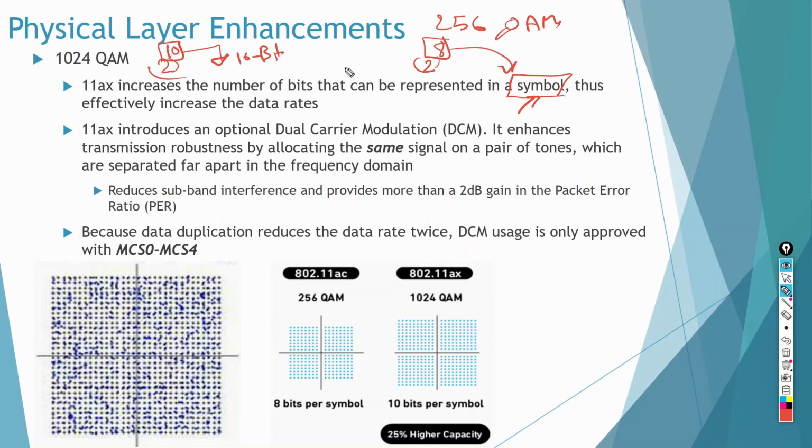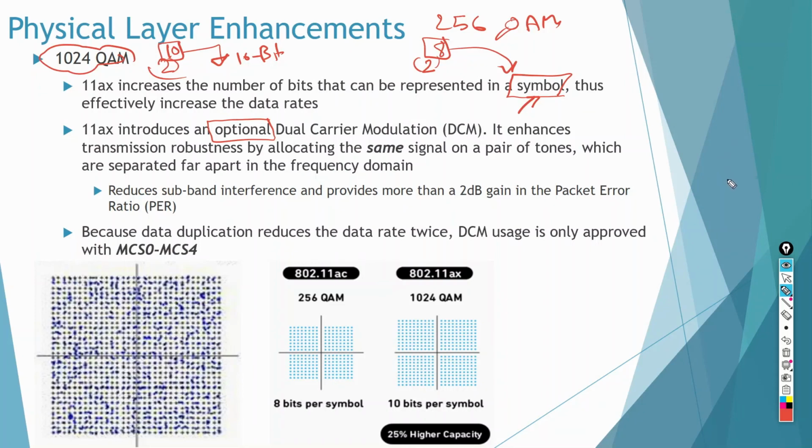Good. So the second enhancement is that 11AX introduced an optional modulation type. It's called dual carrier modulation, or DCM. This one is used to enhance the transmission robustness. How? Let me explain it.